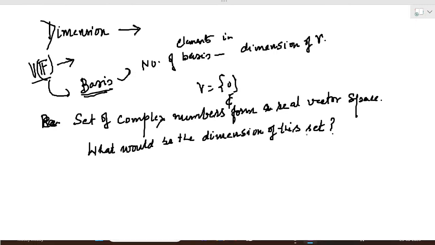Yeah, number of independent elements. Yes, number of linearly independent elements would do. So number of elements in the basis set, they would give you what is called the dimension. Is that clear?